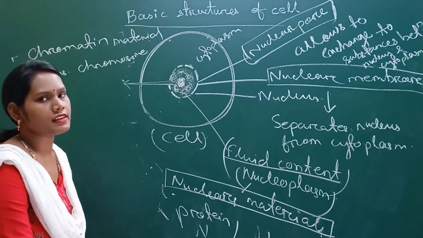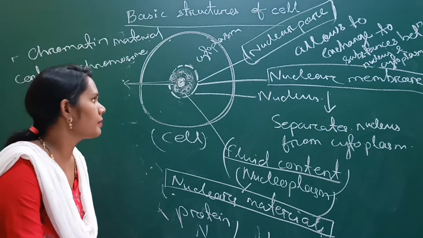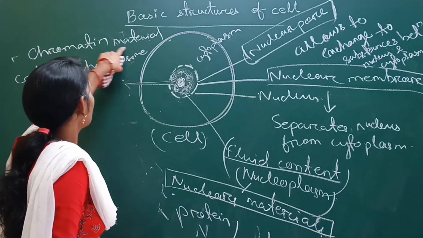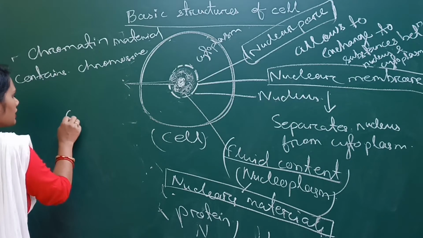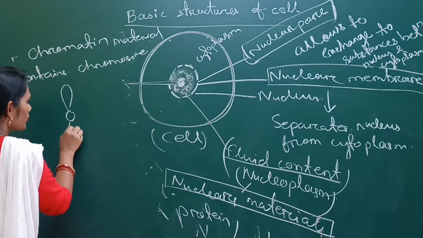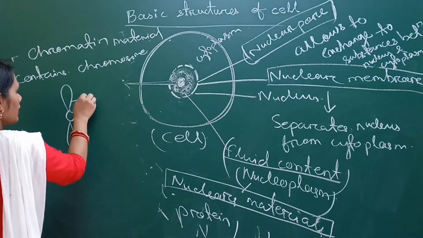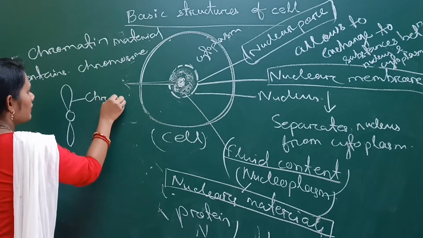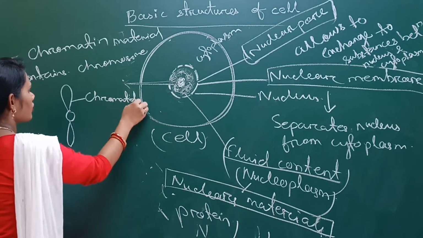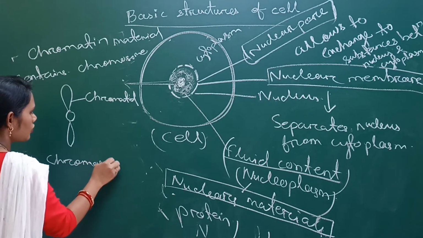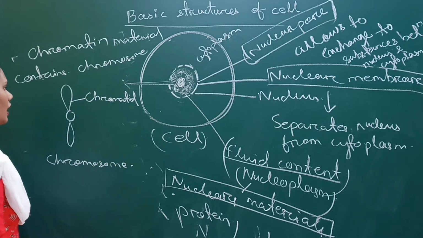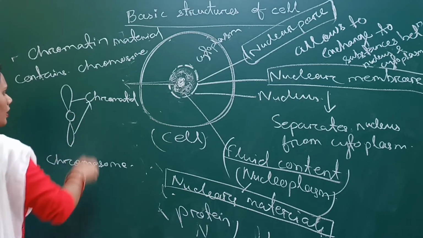When chromatin material gets arranged at the time of cell division, that arrangement is called a chromosome. A chromosome normally has 2 arms, called chromatids.